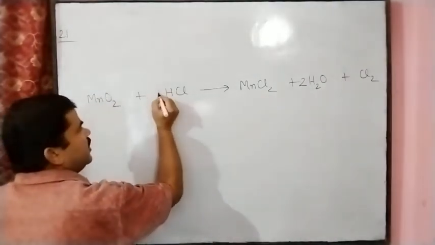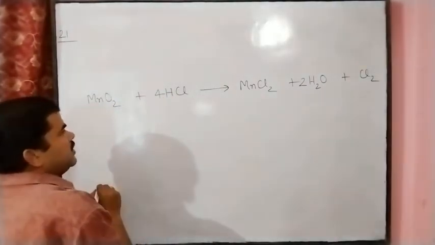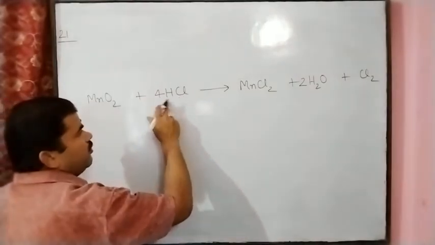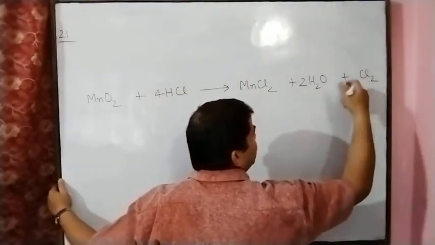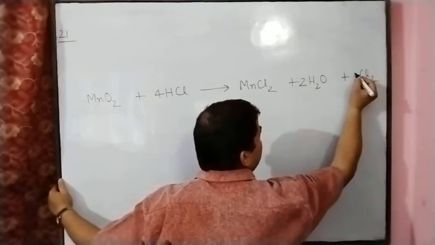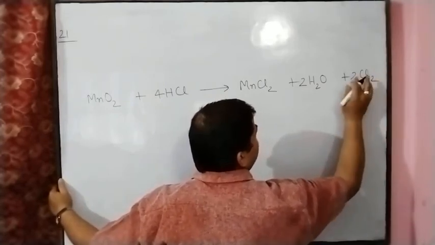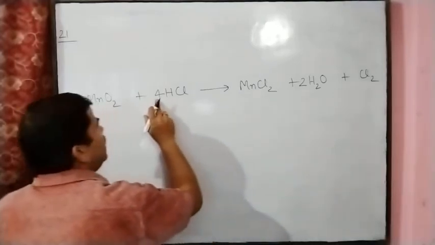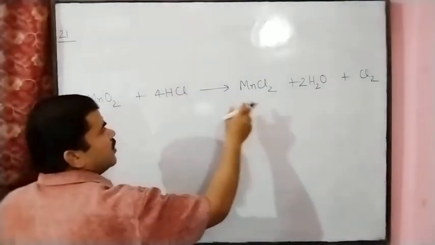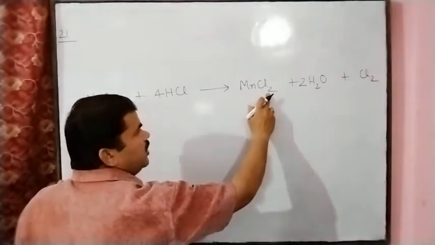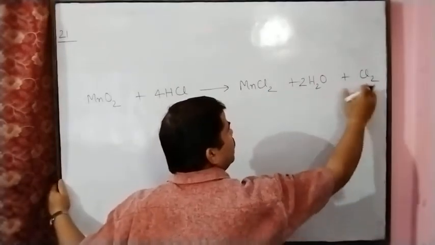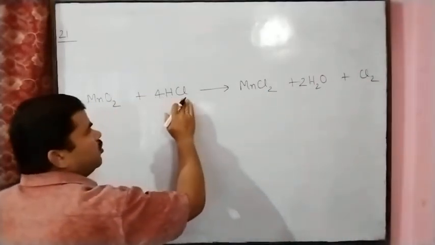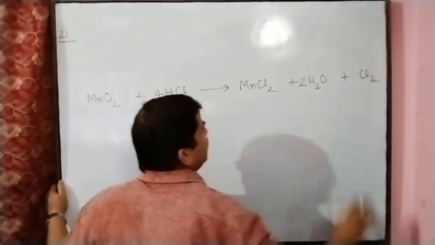So we will write here 4, hydrogen balanced. And then chlorine 4 on the reactant side and chlorine 2 on the product side, and 2 more. So the total number of chlorine here is also 4, balanced. Here 4 chlorine and here also 4 chlorine, balanced.